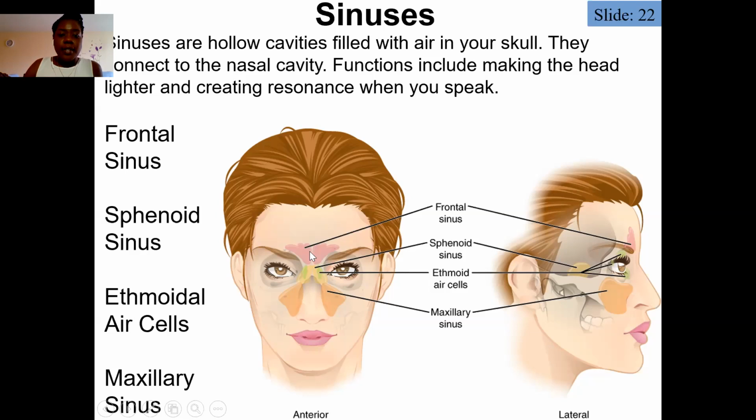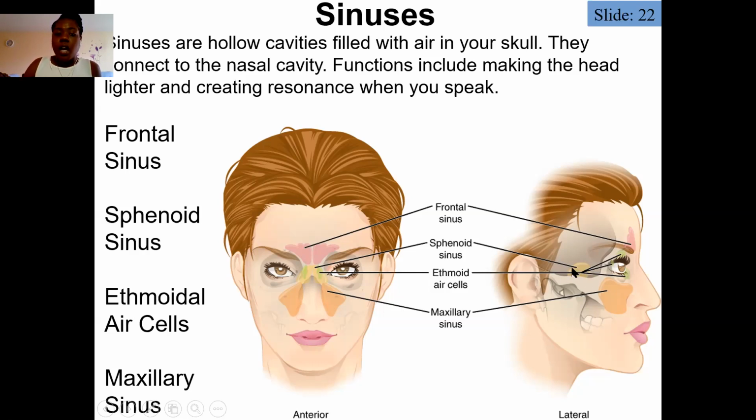We've got the frontal sinuses, which are right here in between the eyebrows, in the center of the forehead, so to speak. We've got the sphenoid sinuses, which are much more posterior, closer to the pituitary region, posterior to the nasal cavity.